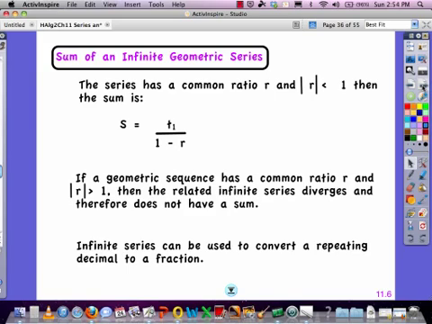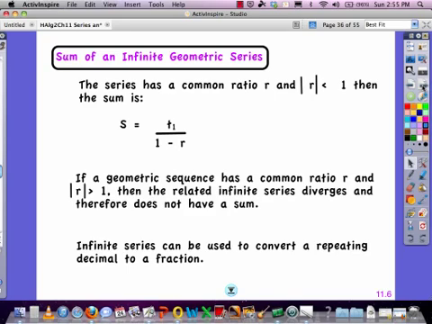If that's the case, then this diverges, and we're not going to be able to find that one number it's supposedly converging on. It doesn't have a sum. It keeps going forever and ever and ever. You will not be able to find it.